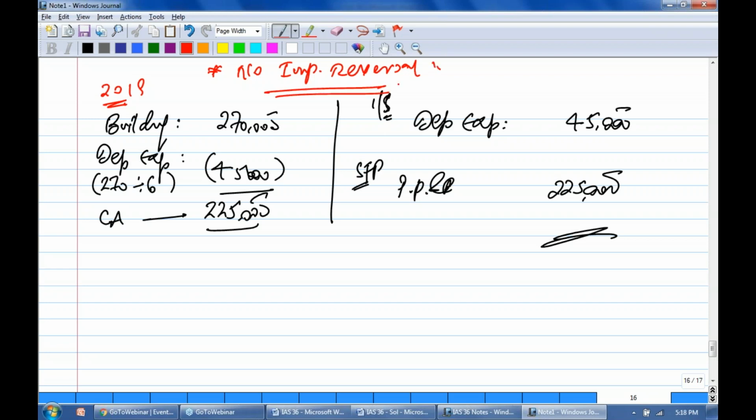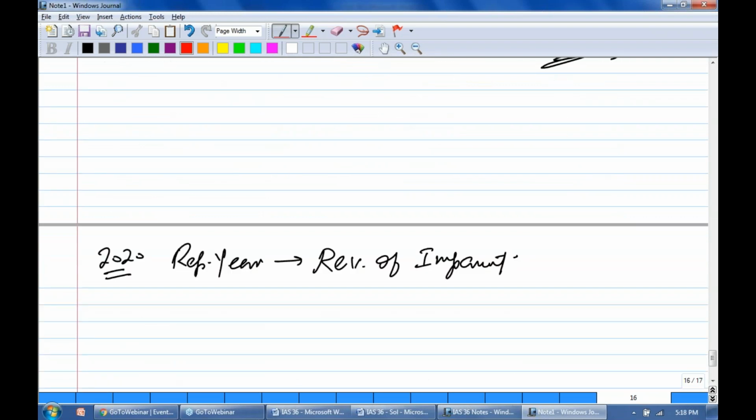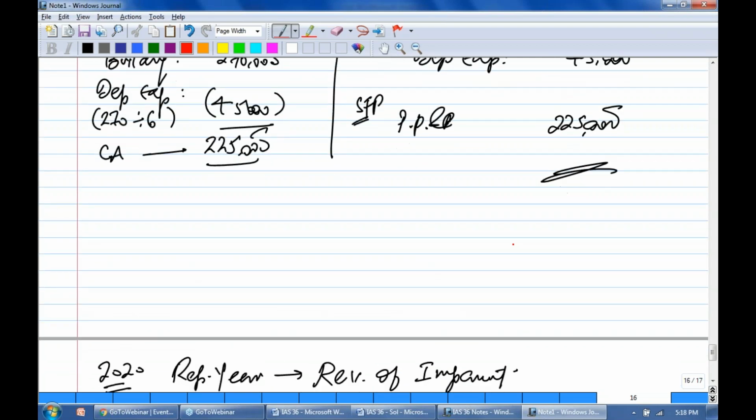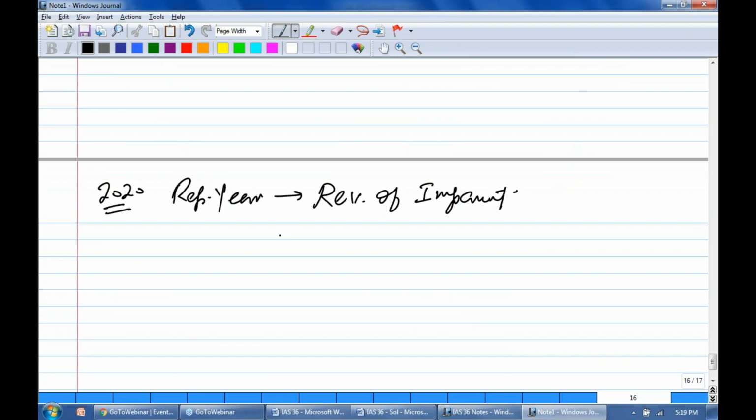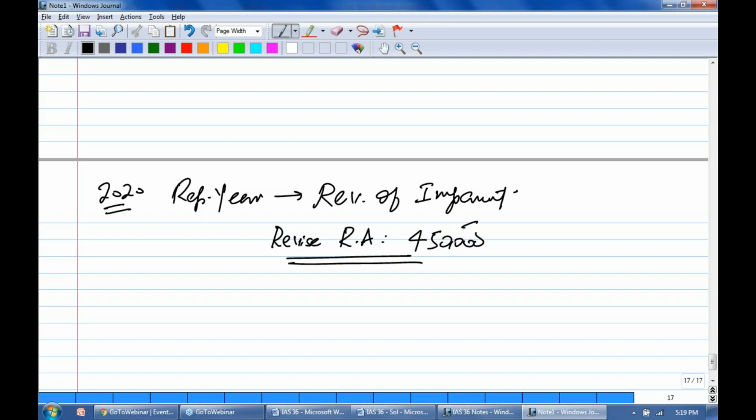No impairment reversal at that year. But reversal of impairment here: the revised recoverable amount of the building, that is the higher of fair value less cost to sell or value in use, has now become 440,000. Sorry, 450,000.